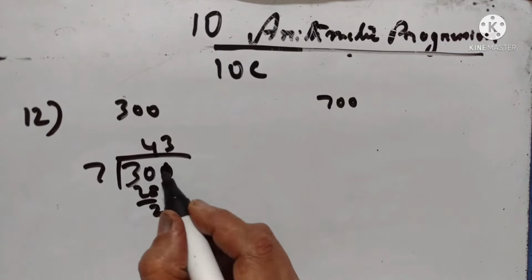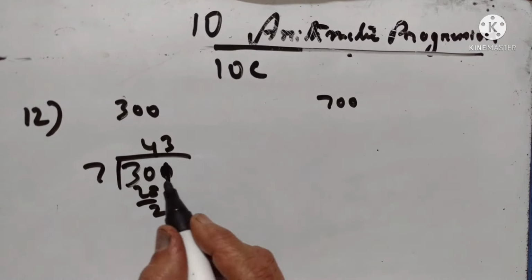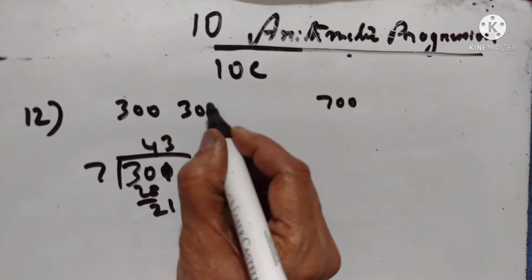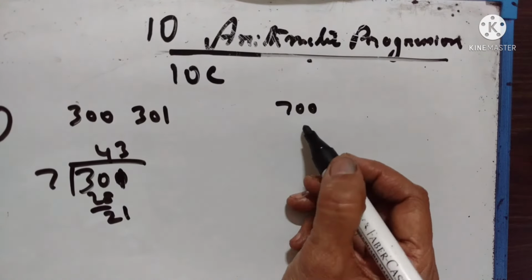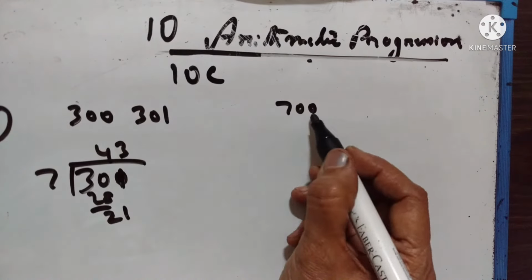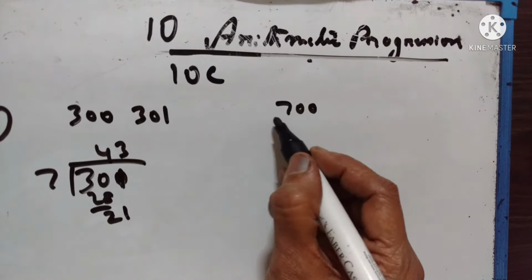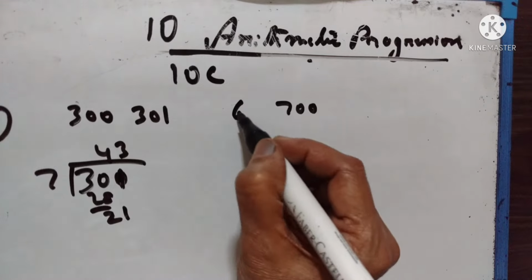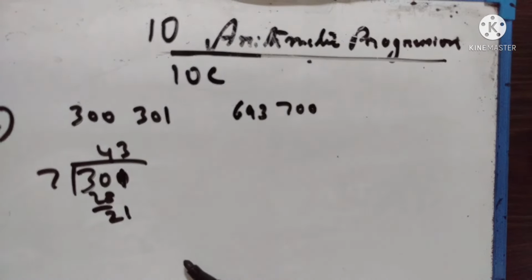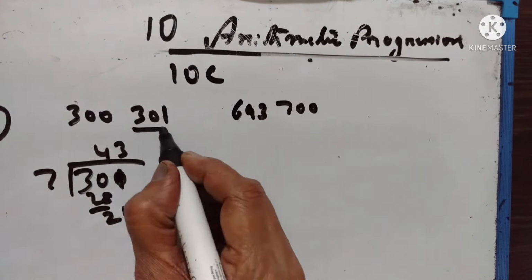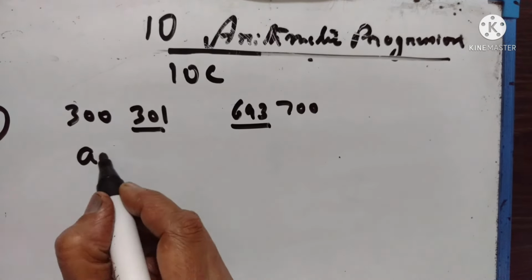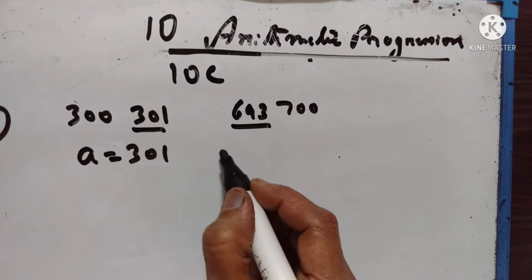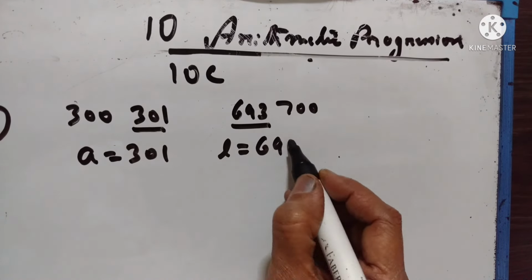So the number divisible by 7 after 300 is 301. 700 is divisible by 7. The preceding number which is divisible by 7 is 700 minus 7, that is 693. So A is equal to 301, L is equal to 693.